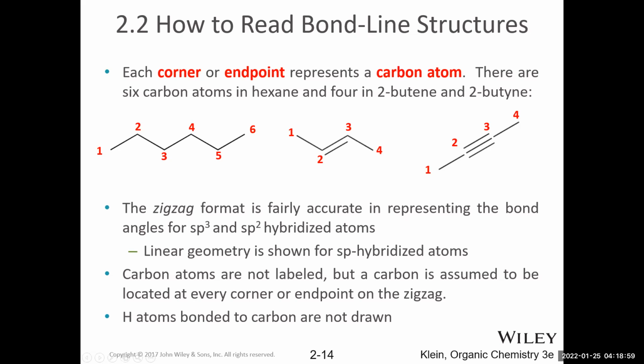Recall that the ideal geometry for an sp hybridized compound is linear, or 180 degrees. So it wouldn't make sense to bend, right, the line from here. And instead, because it's 180 degrees, we just continue through a triple bond in a linear fashion. If we were going to continue the chain and there wasn't another triple bond, we could start bending the carbons in a zigzag formation from that point, but we don't bend at an sp hybridized carbon.